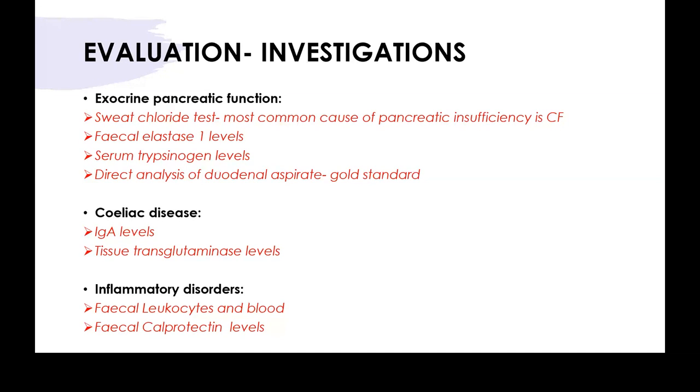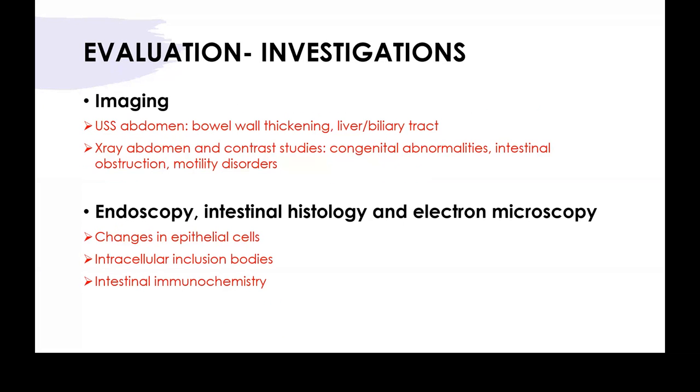And clinically, if you are suspecting celiac disease, IgA levels and tissue transglutaminase levels you should do. And if you are suspecting an inflammatory disorder, as I said earlier, fecal leukocytes in the blood and fecal calprotectin levels. Then going into imaging, ultrasound scan abdomen is an important investigation, and sometimes X-ray abdomen contrast studies to look for congenital abnormalities or intestinal obstructions.